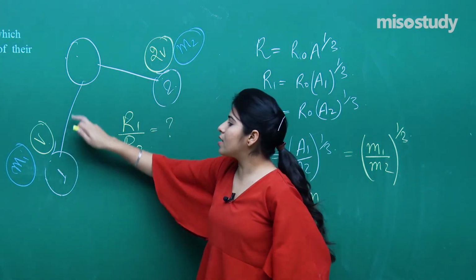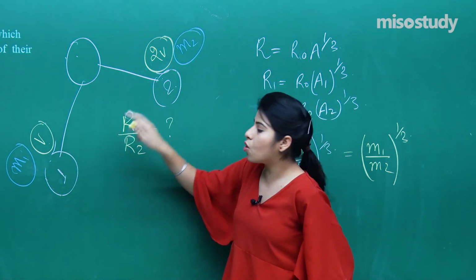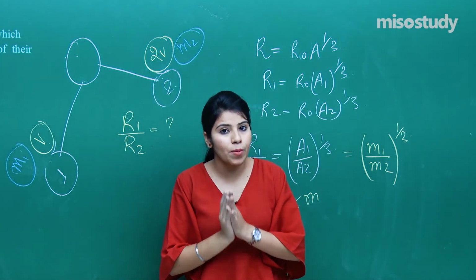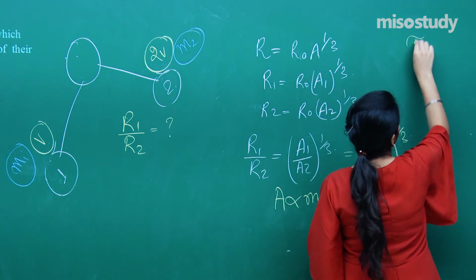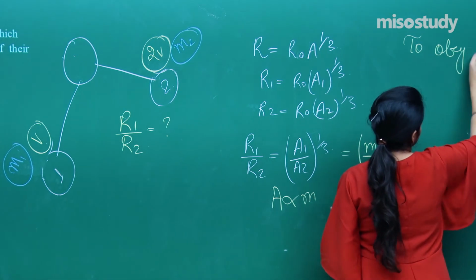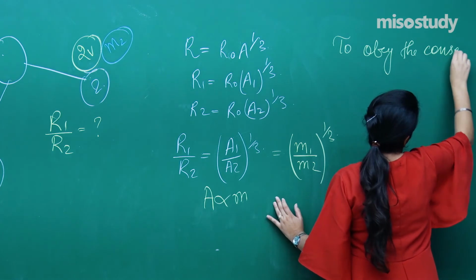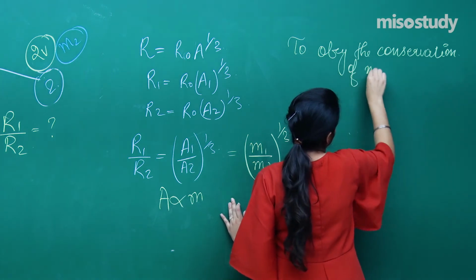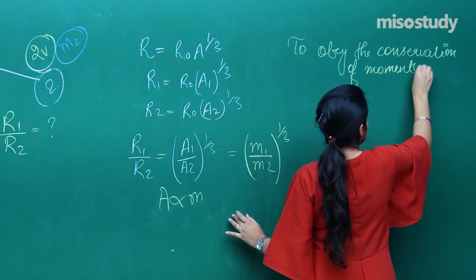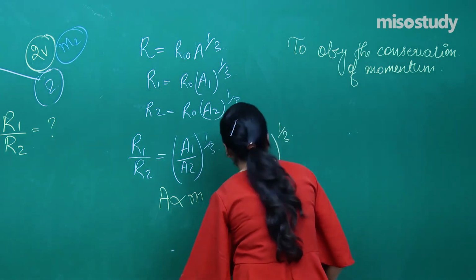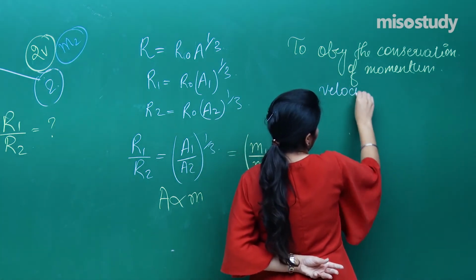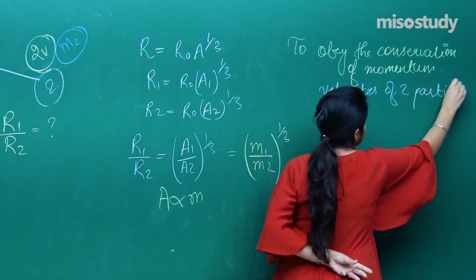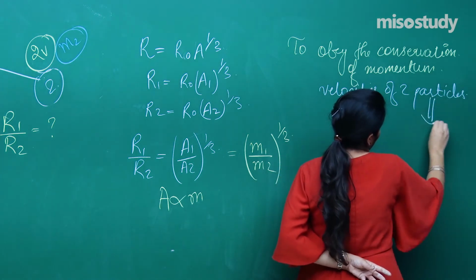Now as you can see that this is coming down into the velocity of 1:2. So if I talk about the conservation of momentum, to obey the conservation of momentum, your velocities of two particles should be opposite.